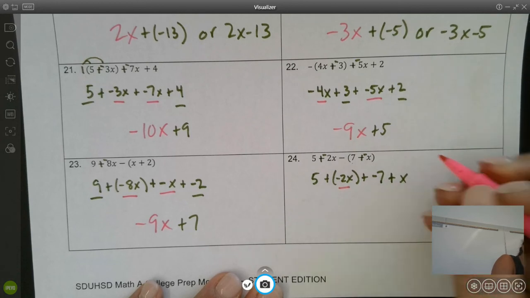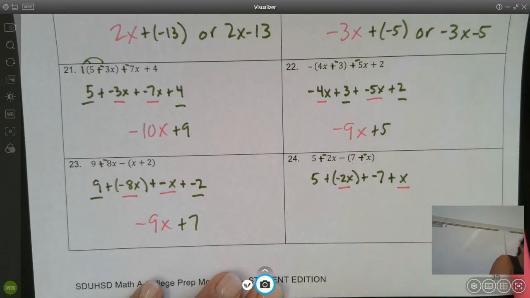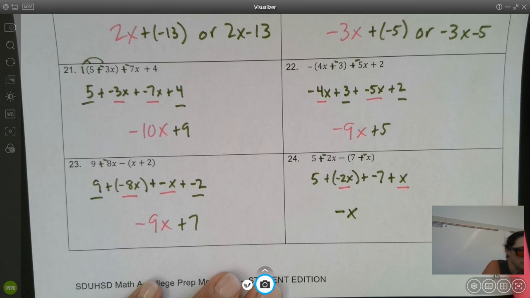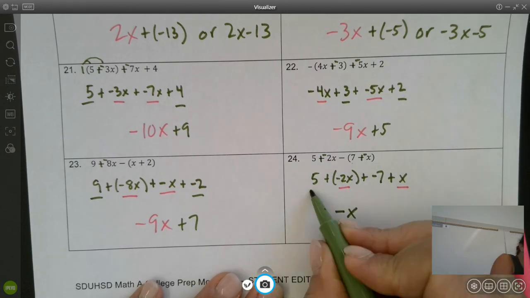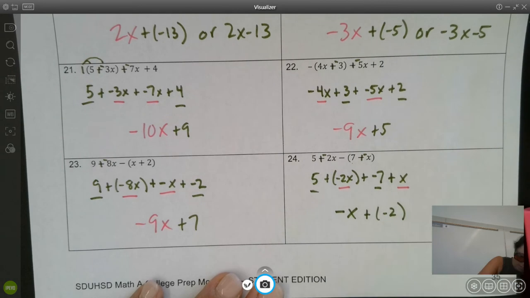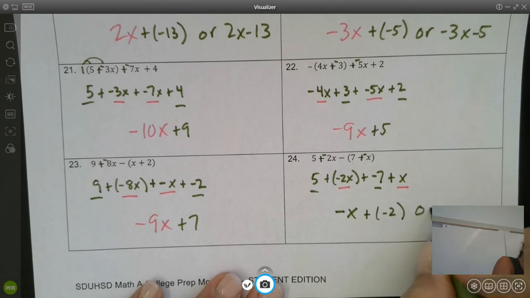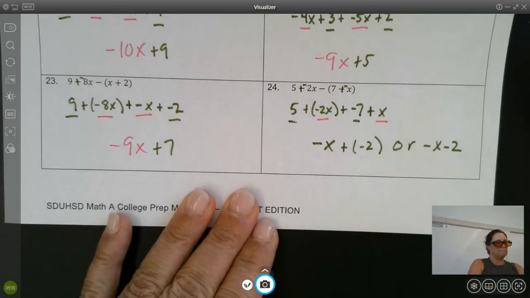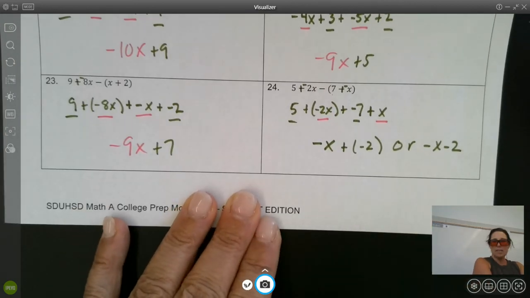So negative 2x, positive 1x makes a negative 1x. I should have done that in pink, but I'll mess that up. And then my 5 and a negative 7 make negative 2. So negative x minus 2 could also have been the way that you wrote that answer. All right, guys, that's it.